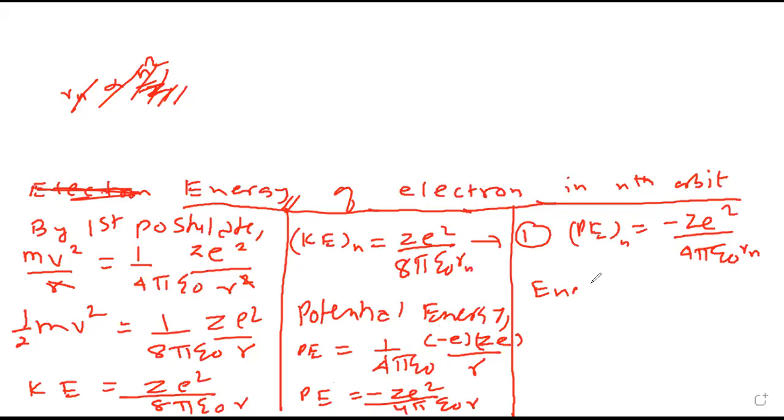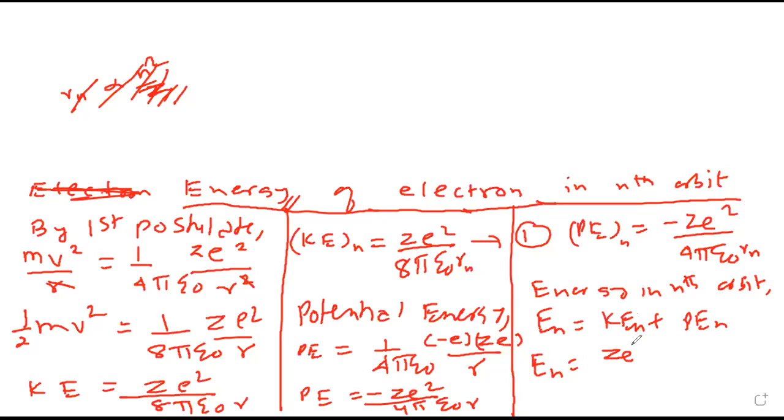What will be then energy in nth orbit? Energy in nth orbit En is kinetic energy in nth plus potential energy in nth. Okay? Not followed? Followed. z e square upon 8 pi epsilon naught radius minus z e square upon 4 pi epsilon naught Rn.